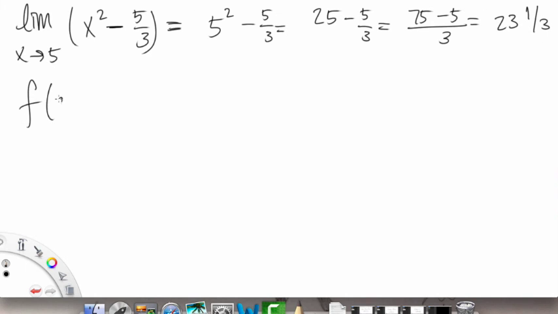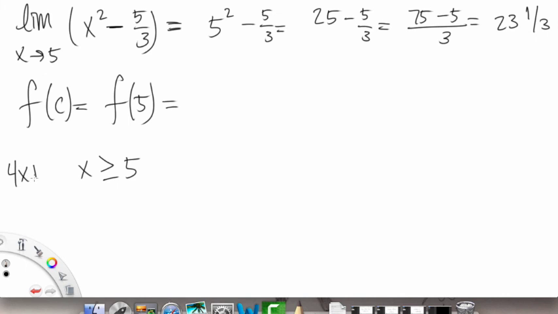And now let's see f of c, which is the same as f of 5. Remember our conditions. So when x was greater than or equal to 5, our function was the 4x plus 2c one. Okay, so this is what we're going to use because we want 5 right on the dot, so we want this equal sign here.